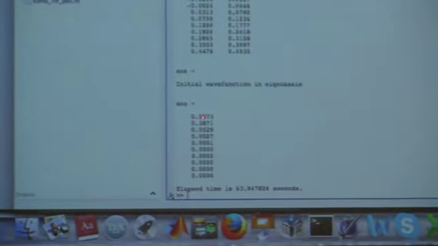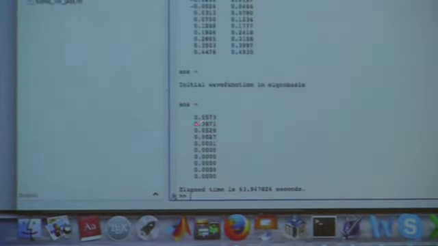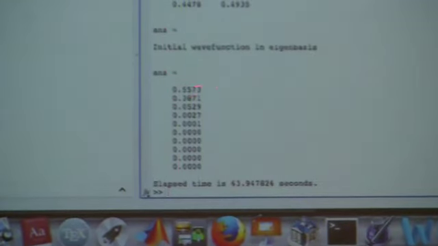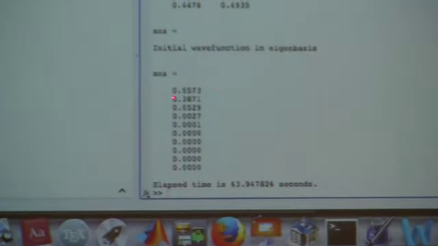And the first state has weight of 0. It's a coefficient, so you need to square it to get the, no, it's actually the weight. So they all sum to 1. The first state has a weight of 55%, the second 40%, and then the third one is 5%, the fourth less than 1%.